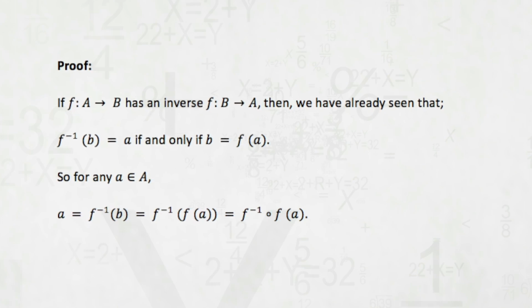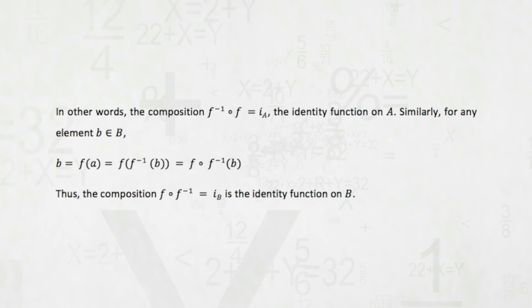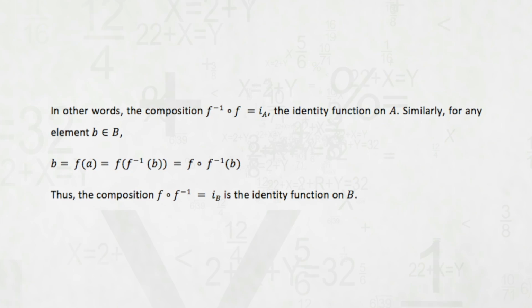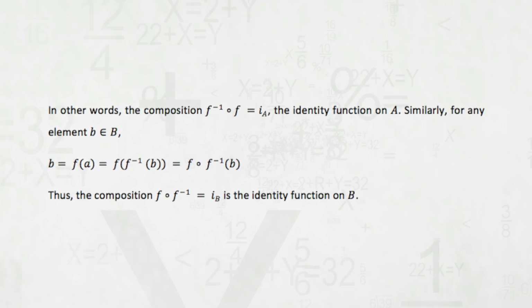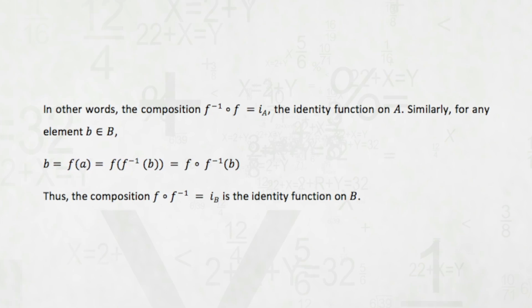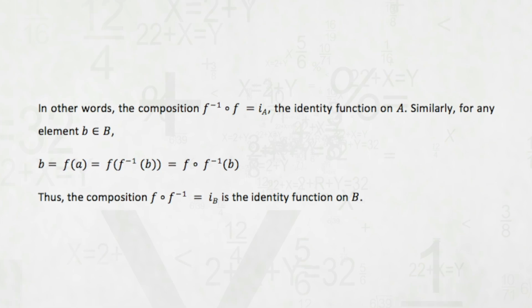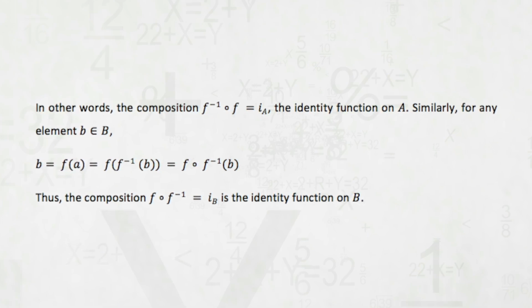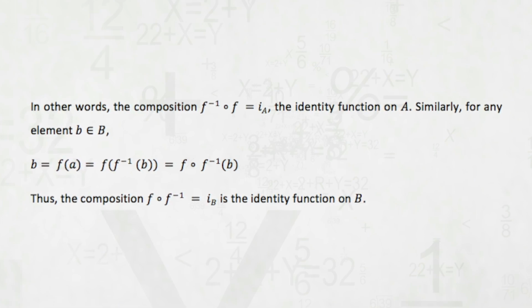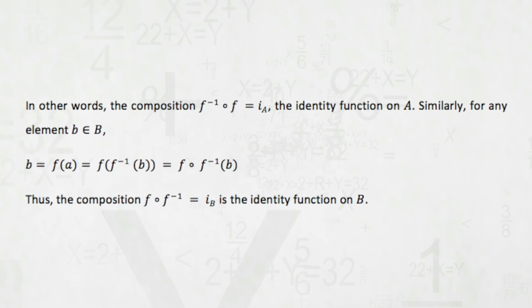In other words, f inverse composition f is equal to I_A, the identity function on A. Similarly, for any b belonging to B, b is equal to f of a is equal to f of f inverse of b. Thus, f composition f inverse is equal to I_B, the identity function on B.